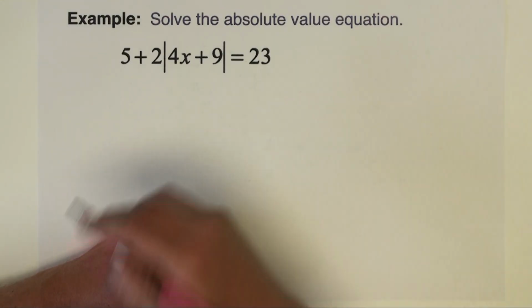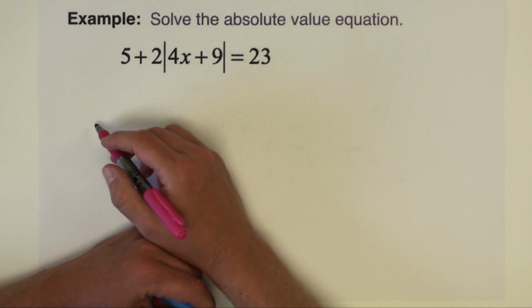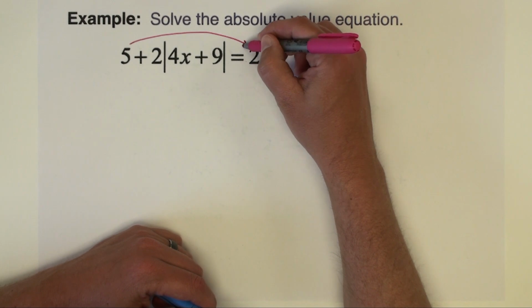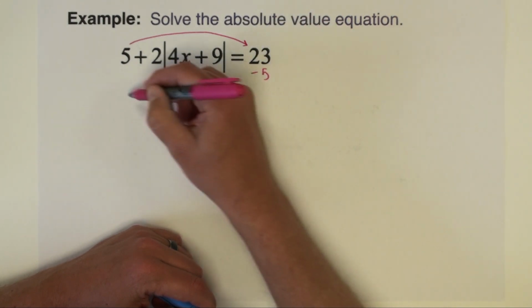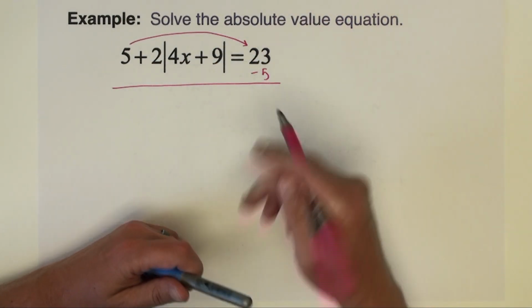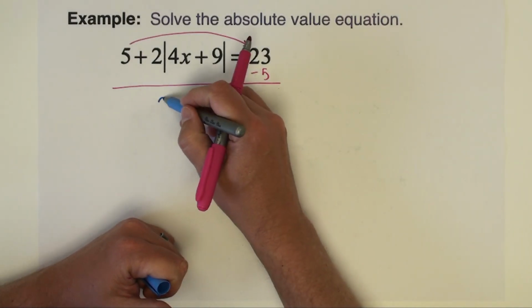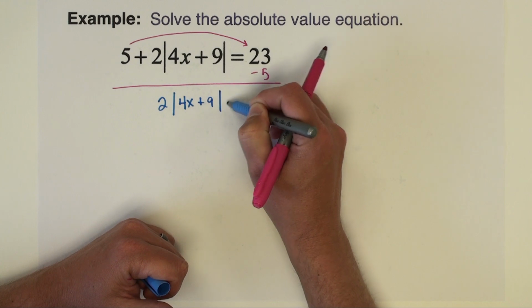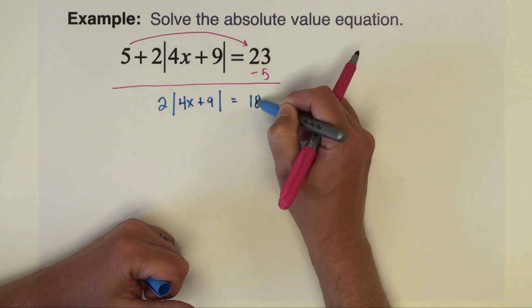All right, our next problem, we need to begin by getting the absolute value by itself. So I'm going to take this 5, I'm going to subtract it over to the right-hand side of the equation, giving me 2 times absolute value 4x plus 9 equals 18.